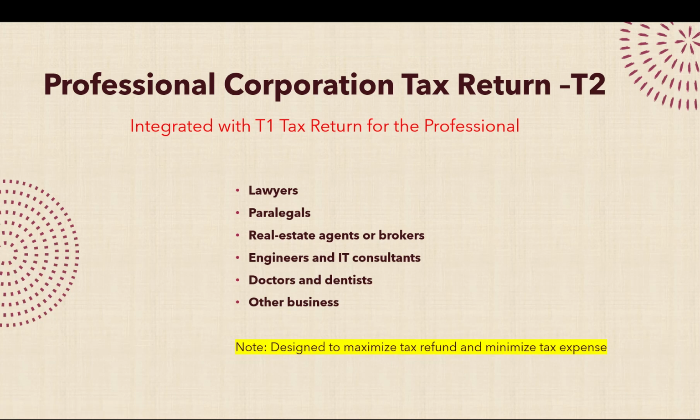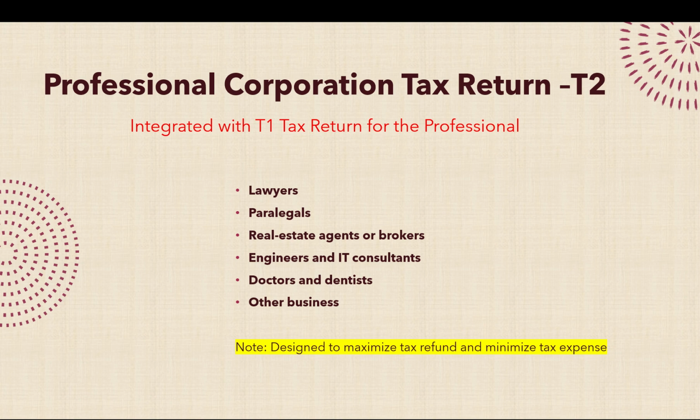The professional corporation requires a T2 tax return, and the owner of the professional corporation requires to file a T1 for himself. He can receive salary and dividend from the professional corporation.